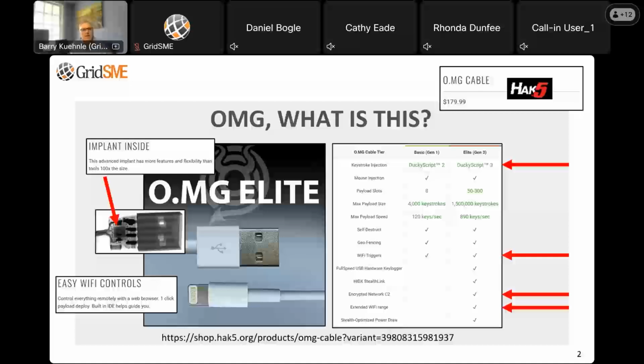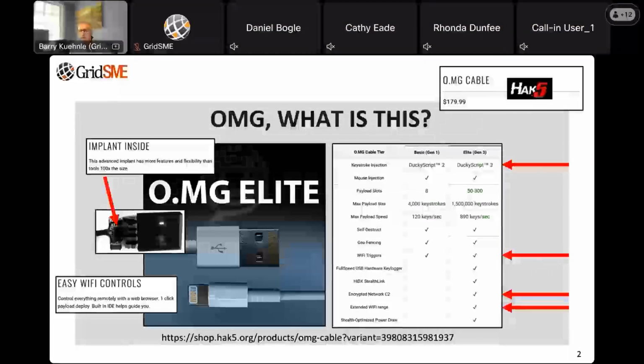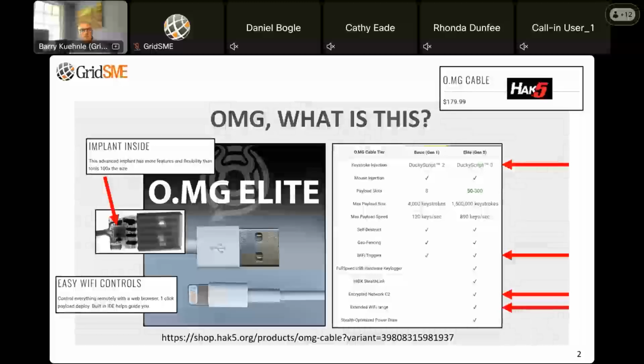It is designed so that it has a chip inside, and that chip provides wireless access via Wi-Fi. It also has firmware in there that allows the user connecting through that wireless connection to gain access to the computer or whatever device it's connected into, so they can take control of that device.